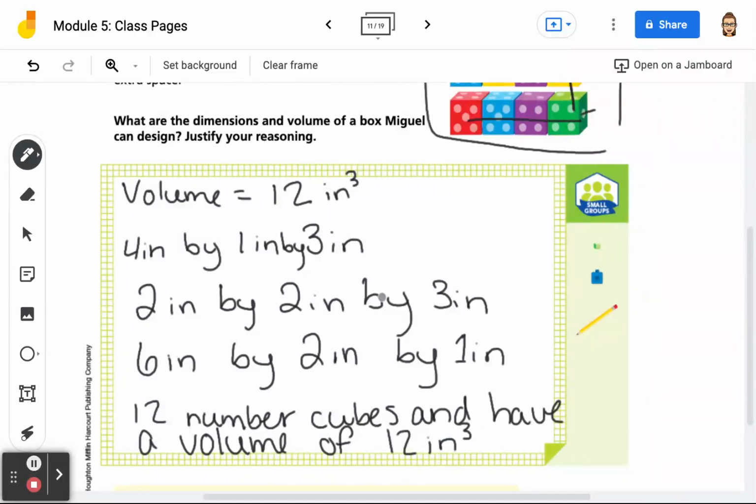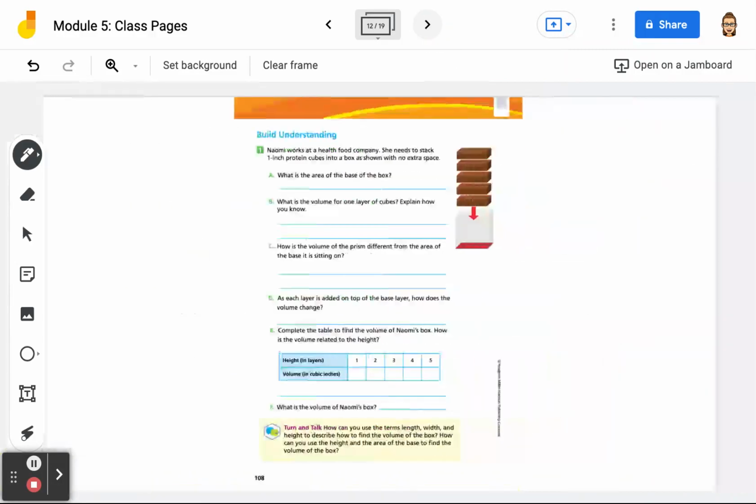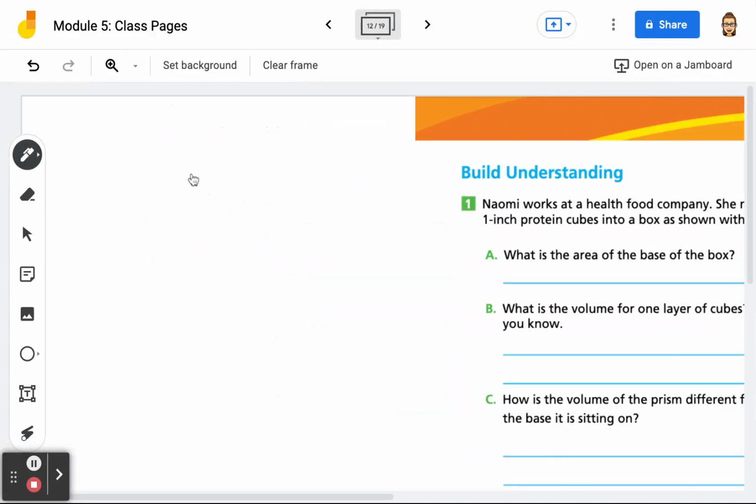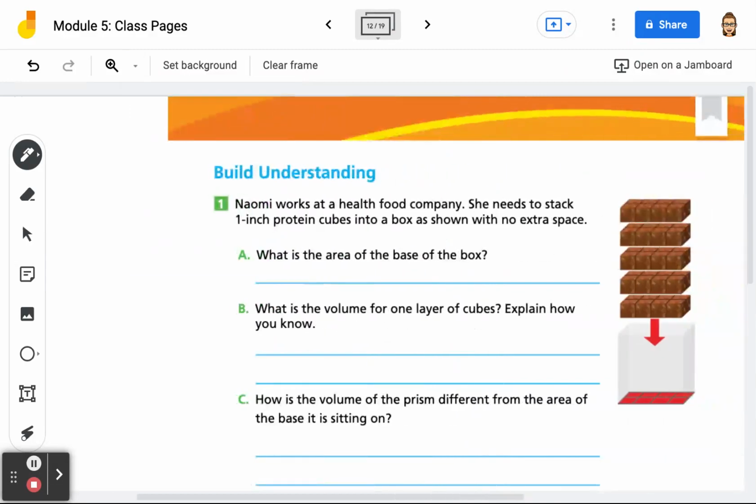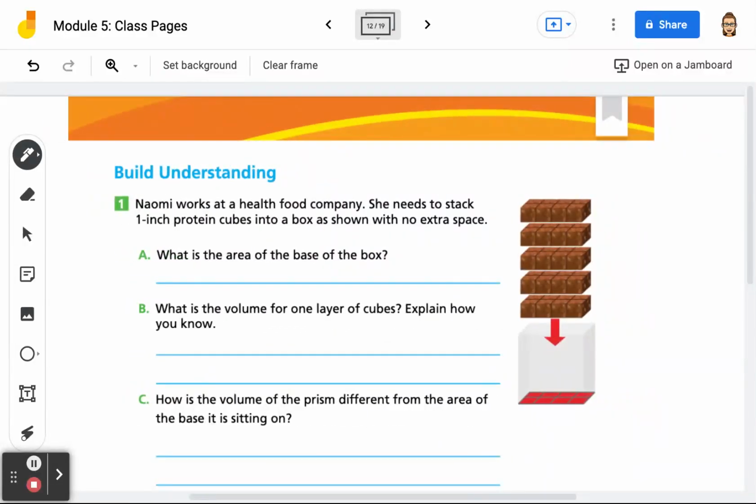So then we can go to the next page. It says Naomi works at a health food company.